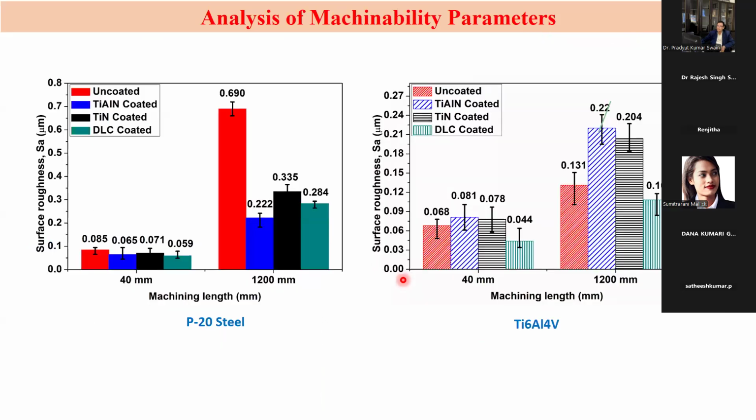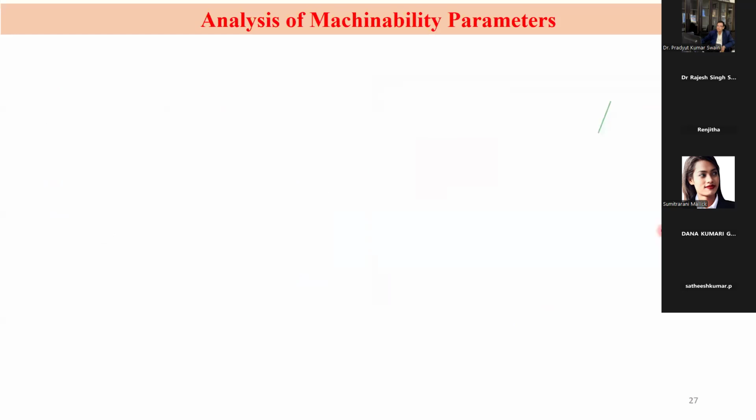Similar to the other results, here the TiAlN coated tool outperformed the uncoated tool for micro milling of the P20 steel, and for micro milling of titanium alloy, the TiAlN and TiN showed better performance compared to the uncoated one, but the DLC coated tool continued to sustain this machining performance and exhibited the best performance.